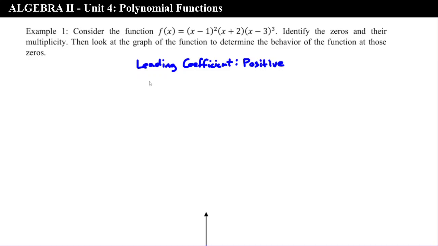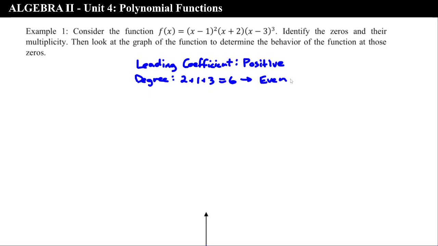How about our degree? Well, this is all broken up, but we can put our degree together by taking the power here, which is the understood 1, and this 3 on the end. If we add those powers together, since we're multiplying, we get a degree of 6, which is even. So this right here tells us how the ends are going to behave.